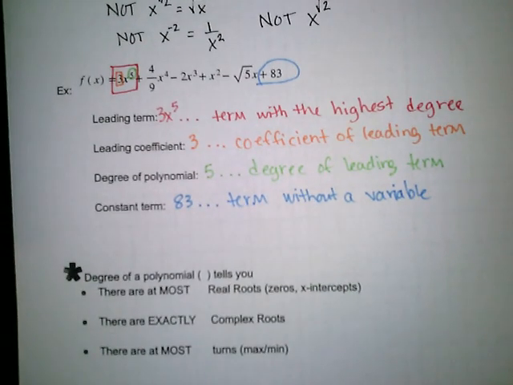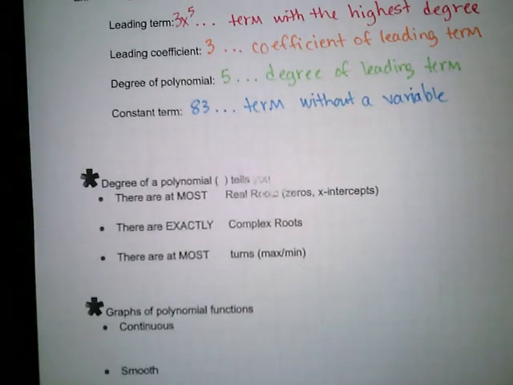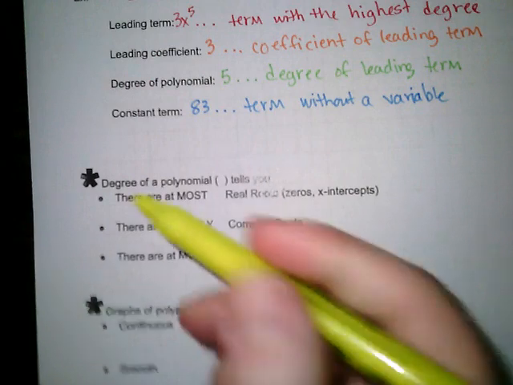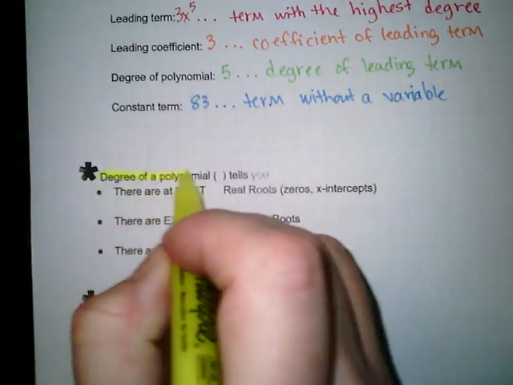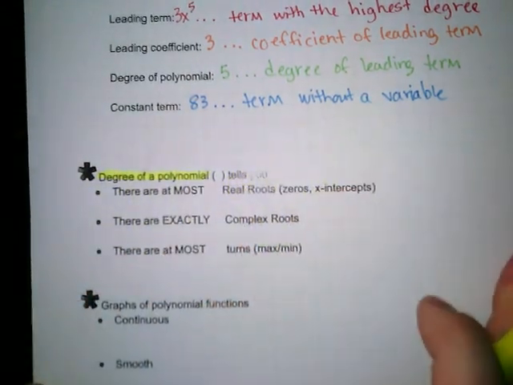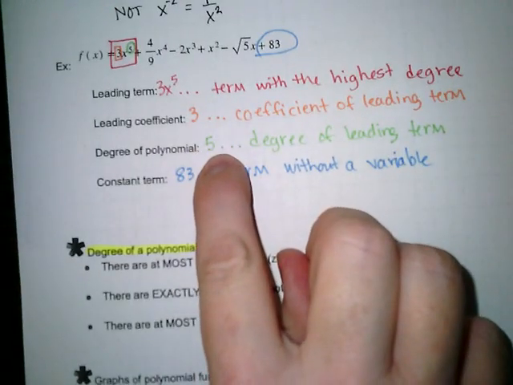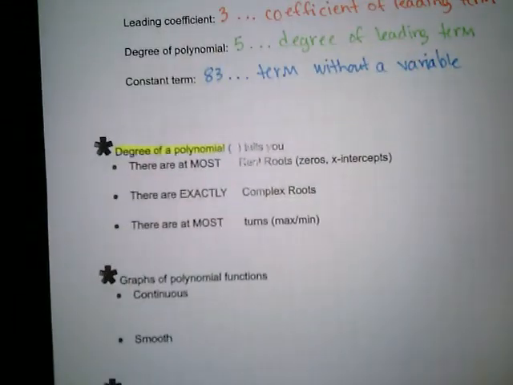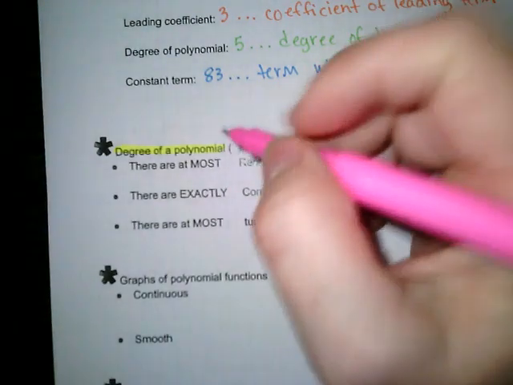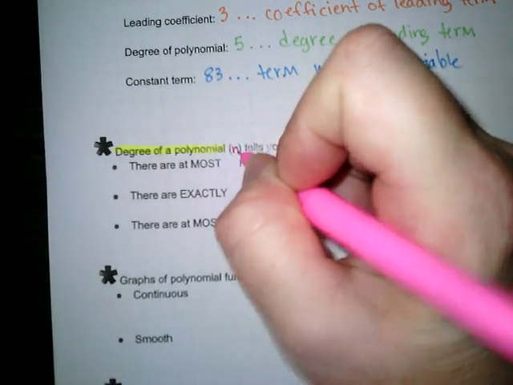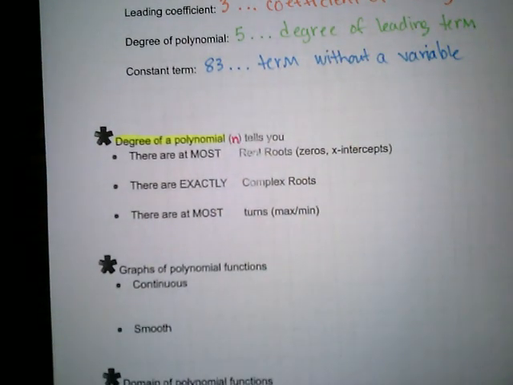The degree of a polynomial tells us some important information. So in this example, our degree was 5. The degree of that polynomial, they usually call that the letter n, lowercase n.